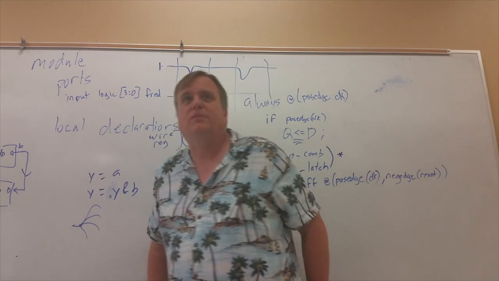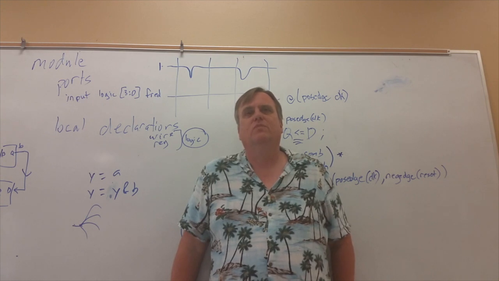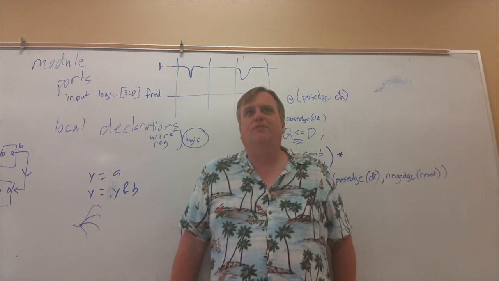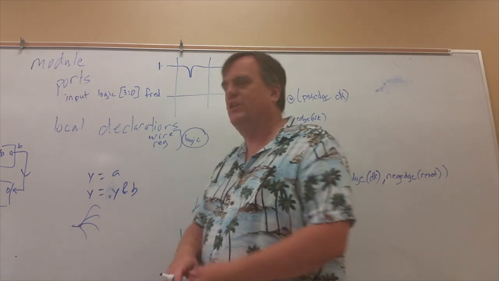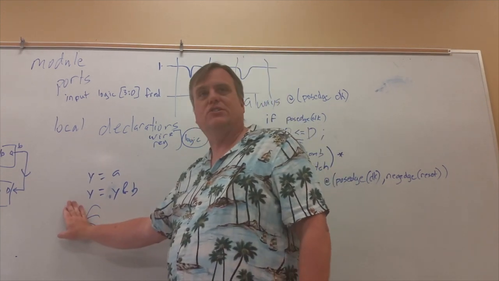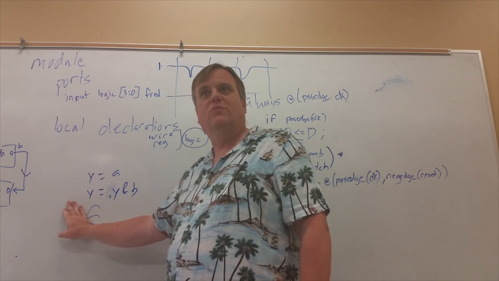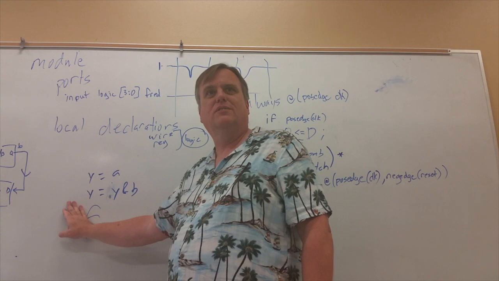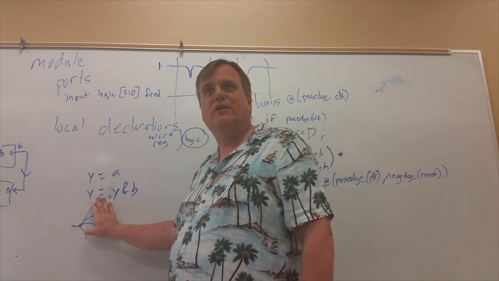What does input tell me? You can read its value, but you can't write to it. If you think in terms of this original setup, you don't get access to write to this. What does output tell you? You get access. You can put things to it, but you can't read from it.